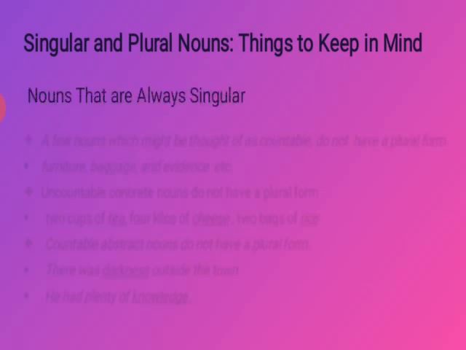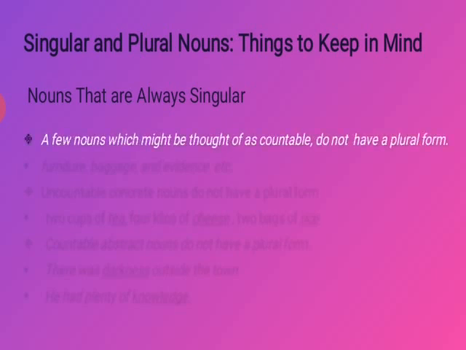So, singular and plural nouns. Certain things to keep in mind. There are some nouns that are always singular. A few nouns which might be thought of as countable do not have a plural form. For example, furniture, baggage and evidence.